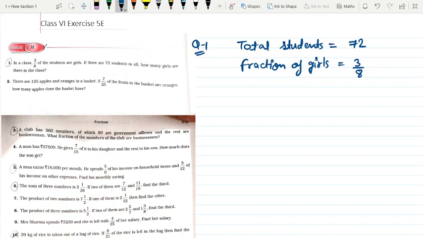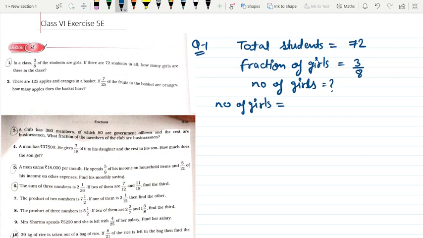Is it clear? So we need to find out the number of girls. So how can you find out the number of girls? So there is a formula.